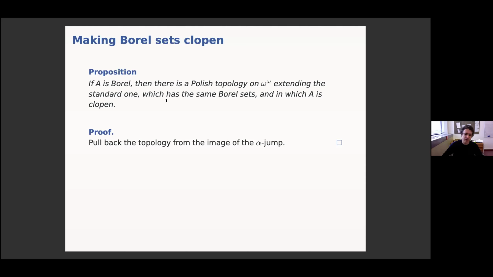There is a variety of proofs for that, and there's a very nice paper by Gregoriades that I saw recently that talks in more detail about just how effective the theorem is. But it is effective in the sense that you can just look at the alpha jump and pull back the topology from the image. Yeah, I'll get back to that in a second.